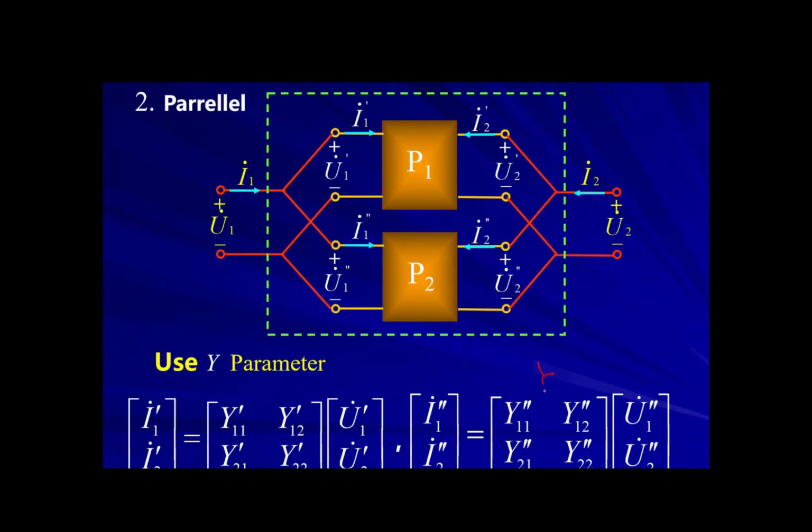So this is Y2. This function expresses P2, and this function expresses P1. The total current I1 will be these two currents added together, which means adding these two functions together.